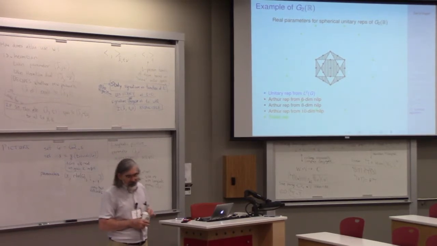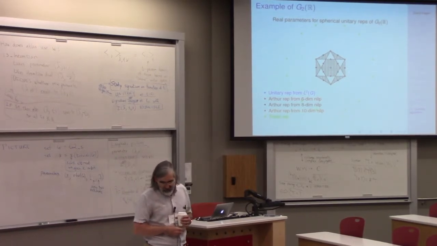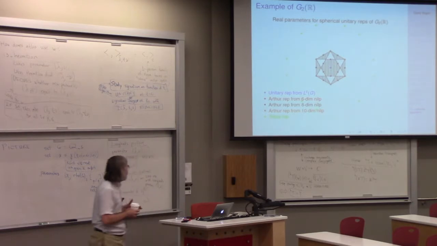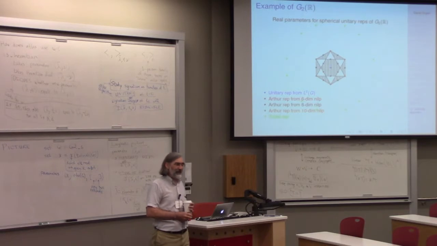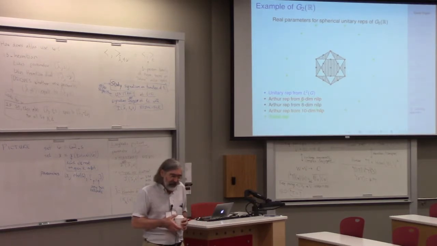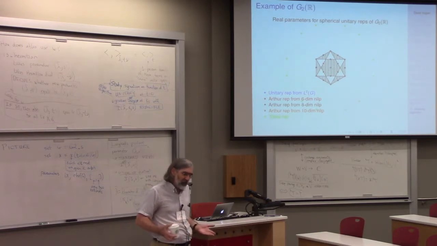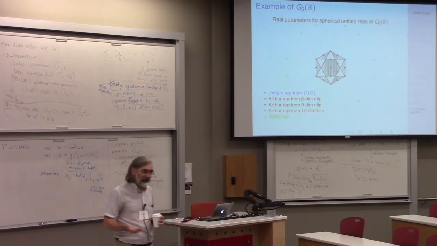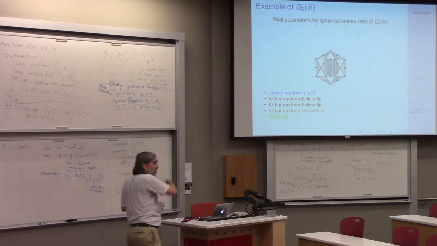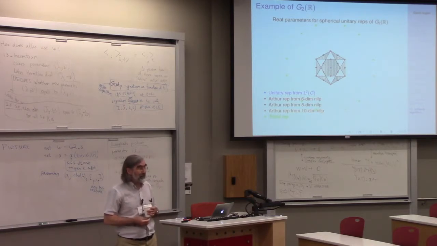Birgit Speh and I gave necessary conditions for reducibility of these representations a long time ago, which are established using ideas like what you say, but what those necessary conditions are is really simple roots and weights manipulations.